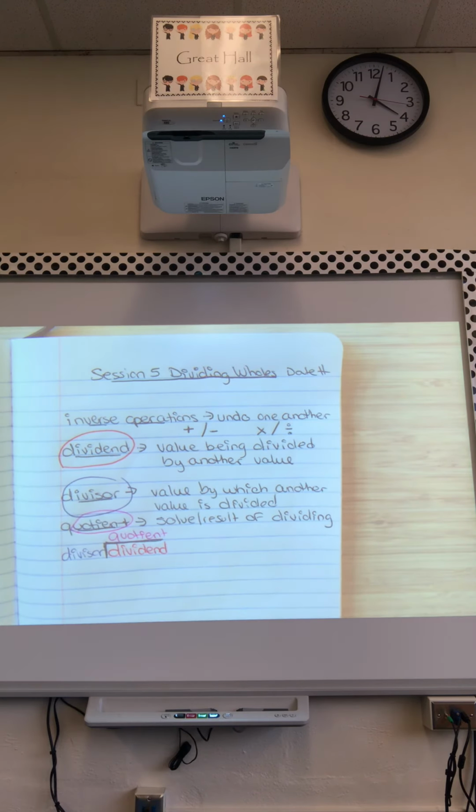So you've probably seen that, and I'm sure you've also seen dividend divided by your divisor equals your quotient.